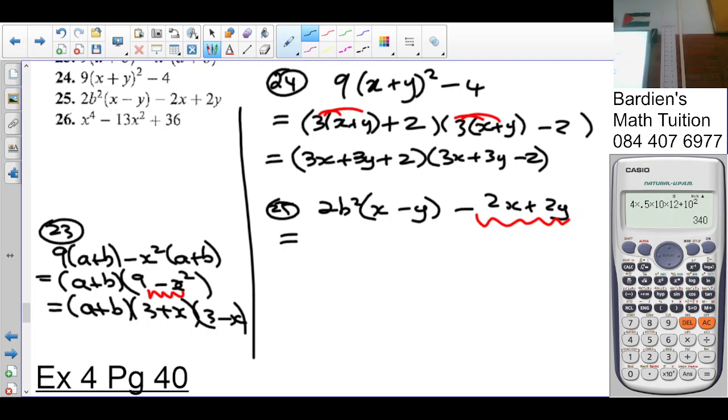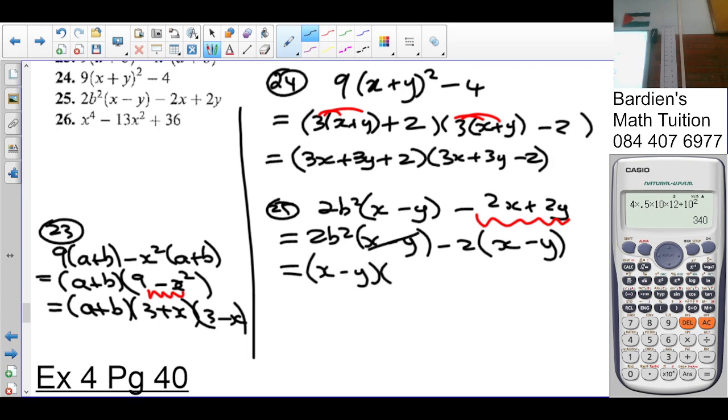Negative 2 is a common factor, so it's negative 2b squared into x minus y. What is common? We said negative 2. I'm left with x minus y. Now what? x minus y is a common bracket. What are we left with? 2b squared. Do I stop there?